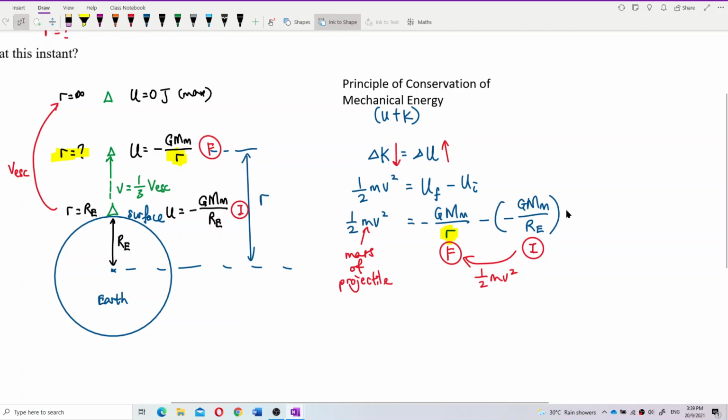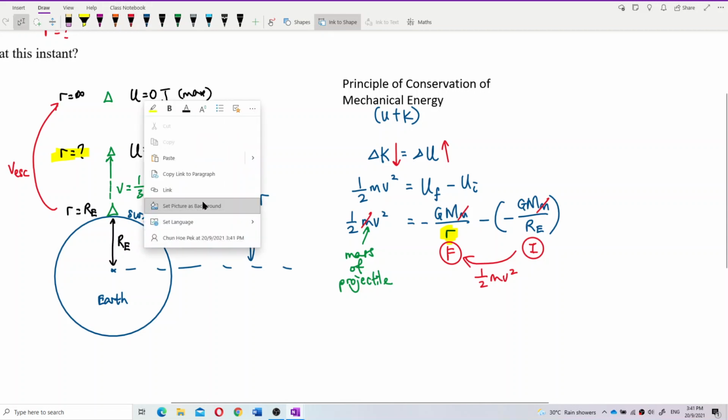So all these small masses are common terms, and you can cut them off. Less one burden. Okay, let's continue.